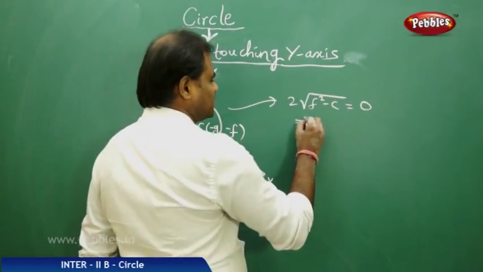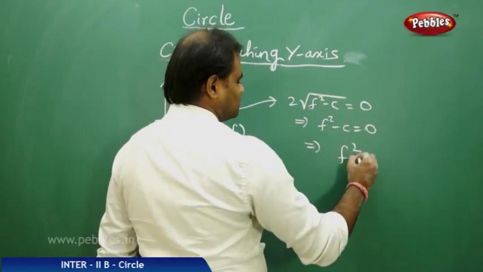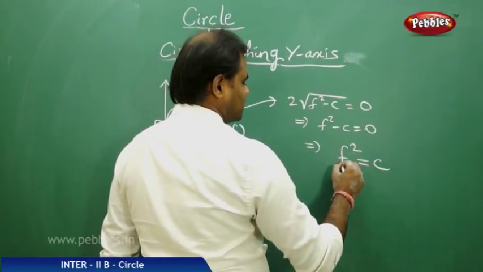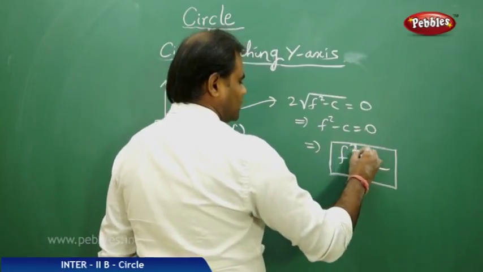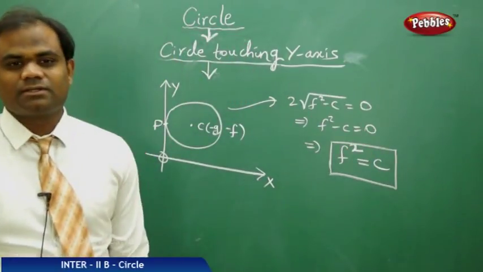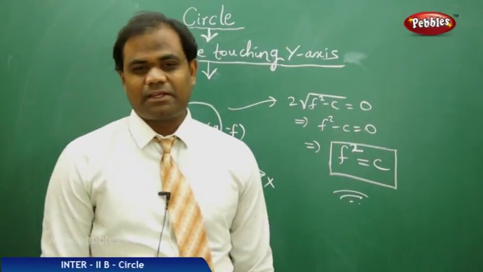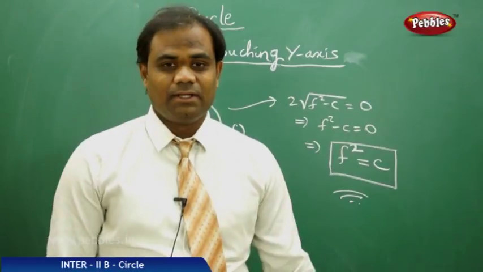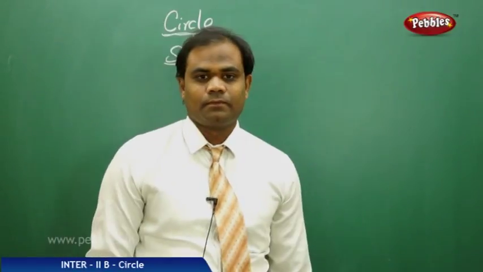So this gives me f square equal to c as the condition when the circle touches the y-axis. Touching the x-axis, g square equal to c, and touching the y-axis, f square equal to c.